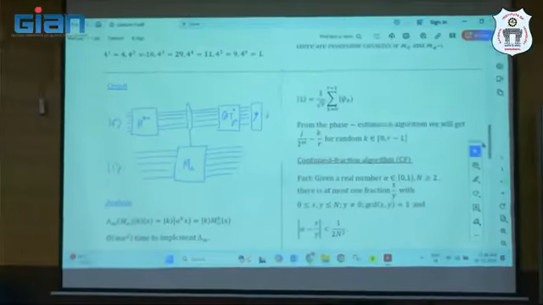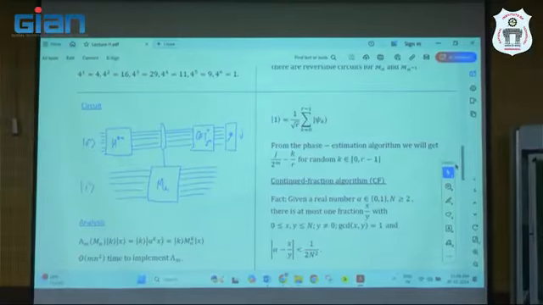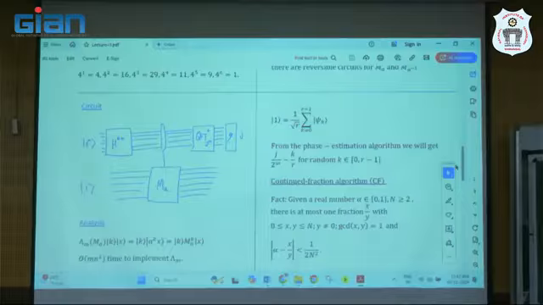In a j over 2 to the m form. J was returned, remember. So j over 2 to the m is the approximation of theta that we will get. Theta is k over r. Its approximation will be j over 2 to the m, the nearest one. Agreed? Yes or no? This is what the phase estimation algorithm will give us. Agreed?